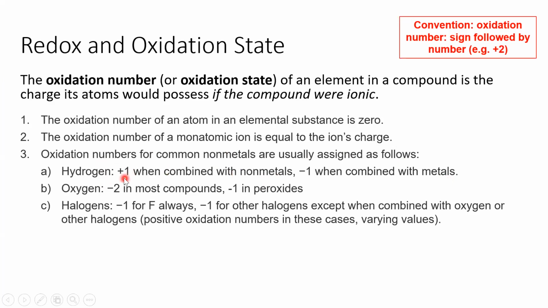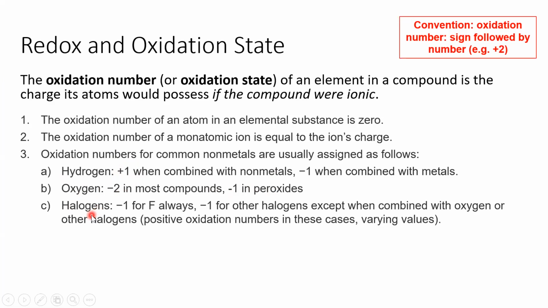In most instances, hydrogen is combined with a non-metal, so in most instances, hydrogen has an oxidation state of +1. Oxygen in almost all compounds has an oxidation number of -2. Now in peroxides, which is not very usual, it's a -1. So oxygen is almost always a -2.